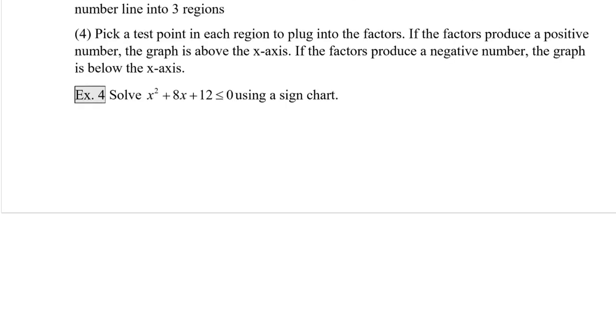Example 4, solve x squared plus 8x plus 12 is less than or equal to 0 using a sign chart. Since one side is already equal to 0, we can go ahead and factor this. So we know that the factors of 12 that add up to 8 are 6 and 2, which means that x equals -6 and x equals -2 are our zeros.